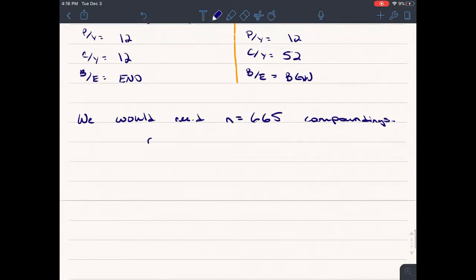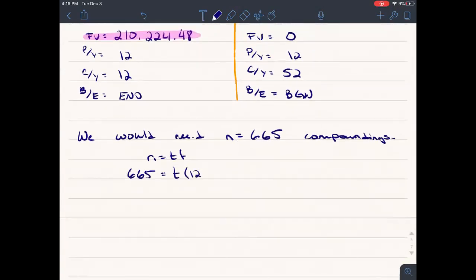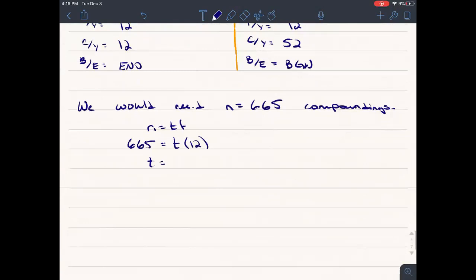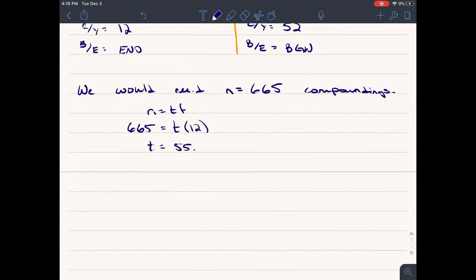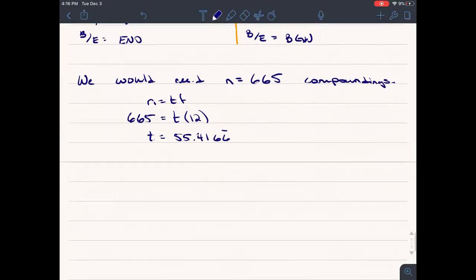So remember that n is time times the frequency, where the frequency now is the compounding frequency. We've got 665 is time times the compounding frequency of 12. So T is 665 divided by 12, 55.4166, repeating, or T is 55.42-ish years.